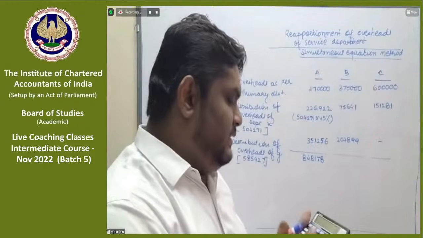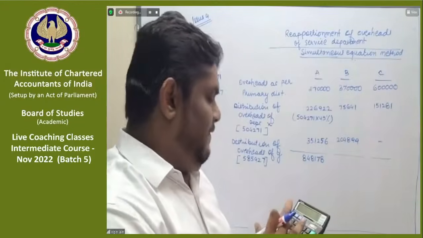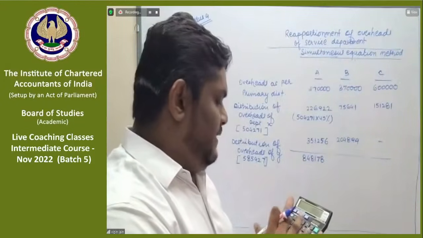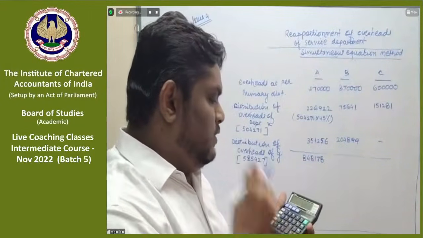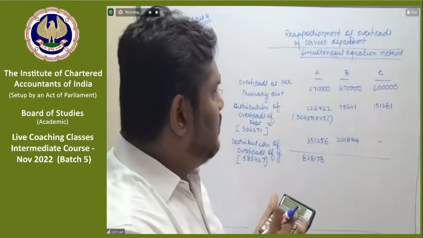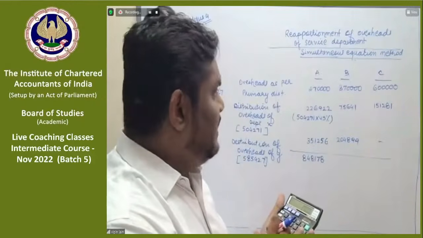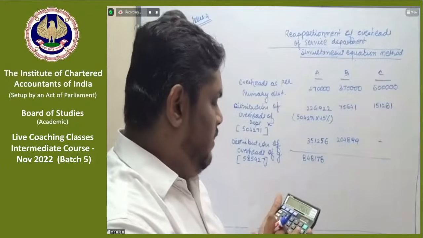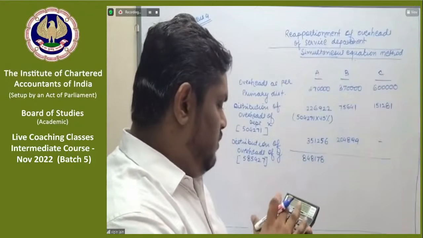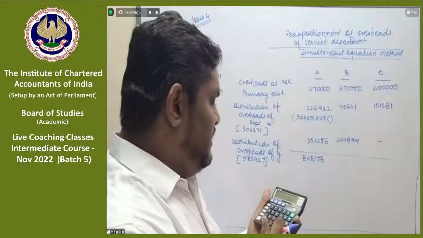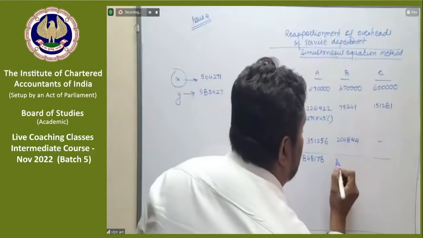For B, this is 370,000 plus 75,641 plus 204,899, so this will be 650,541.